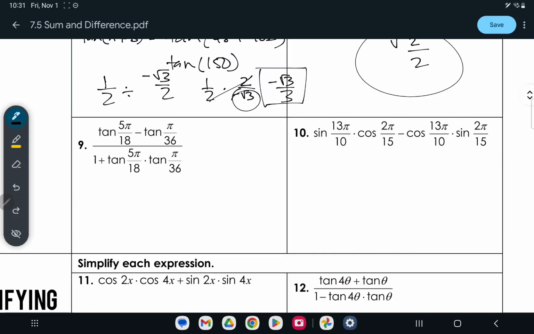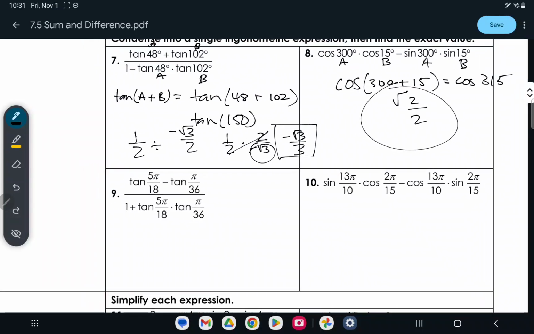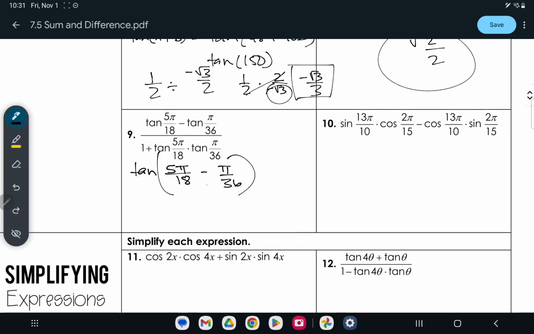Let's see, this is a tangent one. Has a minus, so it's probably the difference. So tangent 5 pi over 18 minus pi over 36. This one might be easier to do as it is, because 5 over 18, to get that to 36, would be 10 pi over 36, because I would just multiply both by 2.